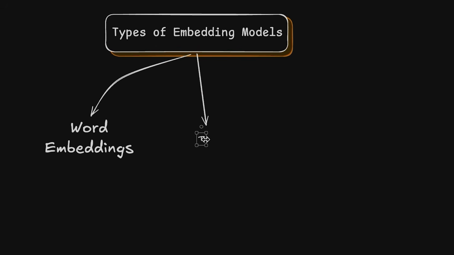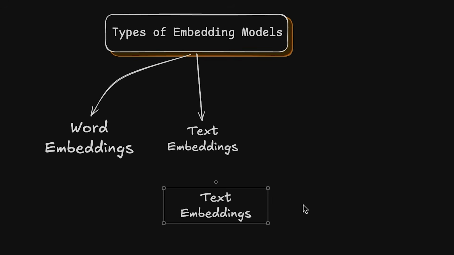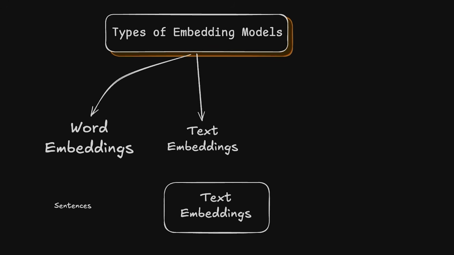Now, the second type of embedding model that we have is the text embedding models. As you might have guessed, these text embedding models take sentences, or you can even take a paragraph, or the entire document, as an input.